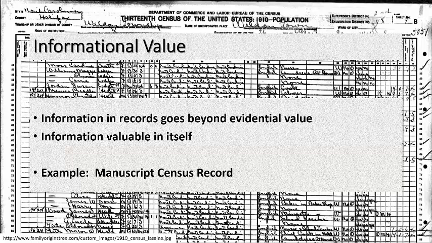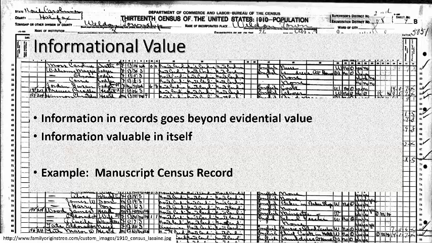All of that information is lost. But we still have evidence of how the census was taken in 1890 and what the questions were. But we want to retain all of the census enumerations in order to satisfy informational value. So some of Schellenberg's concepts go not only to appraisal, what's important to keep or discard, but also selection criteria.